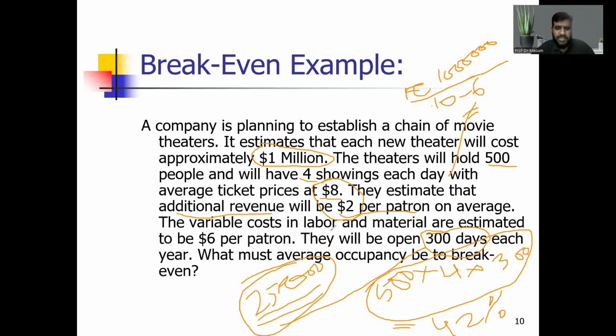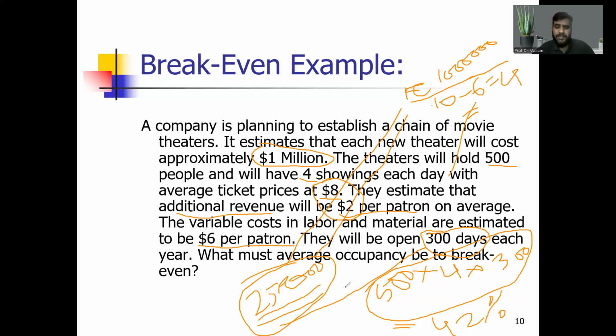The variable cost in labor and materials is estimated to be 6 per patron. So the contribution margin is 4. 1 million divided by 4 equals 250,000.